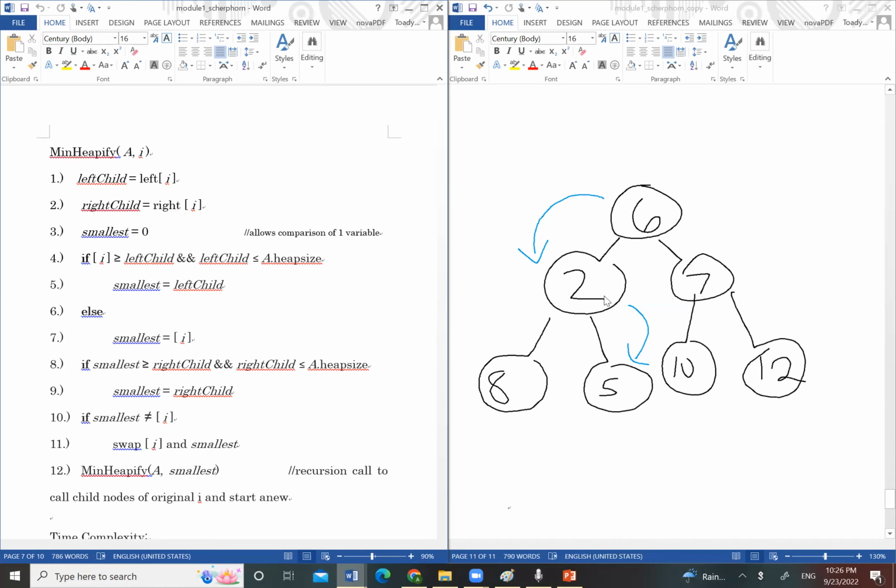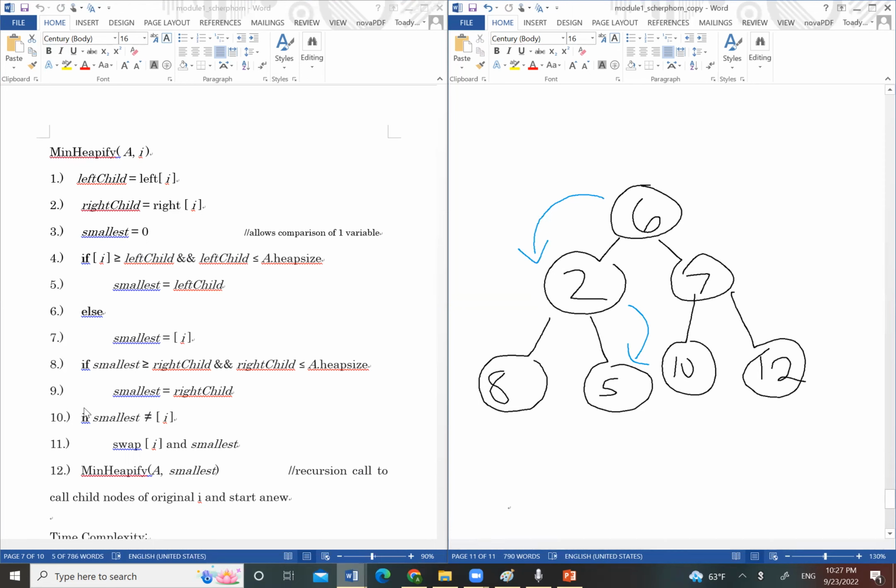Now just real quick, we know that 6 is smaller than 8, so the smallest in this case is I. But 6, remember because it's swapped, 6 is greater than 5. So now the new smallest is 5.